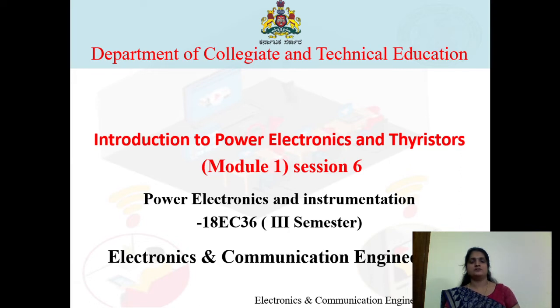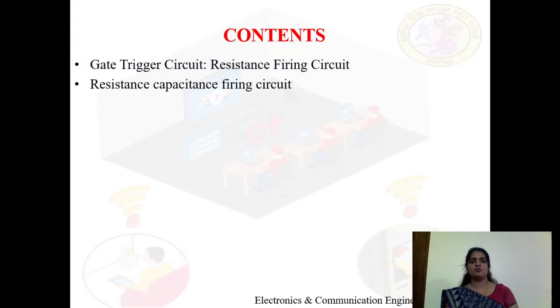In today's session, the sixth session, we will discuss the gate triggering circuit of a thyristor, and these are the contents. In this gate triggering circuit, there are three kinds of circuits.